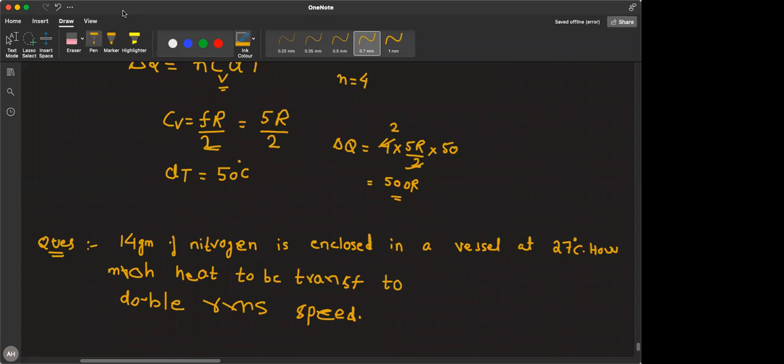So just try to convert it into joules. The molar mass of nitrogen is given, it's 28. Temperature is given, write your answer in joules. Okay, so I have to substitute for R as well.